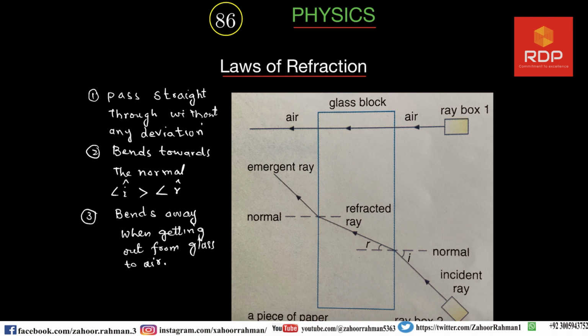In this case, you can see that this is the normal and this outgoing ray is getting away. Here it is closer to it, but you can see here that this is getting away from this. So this is the third observation.